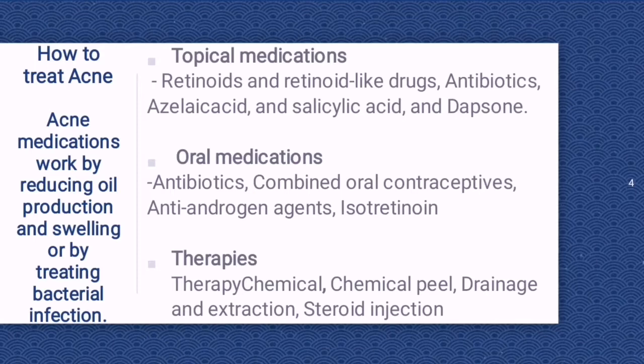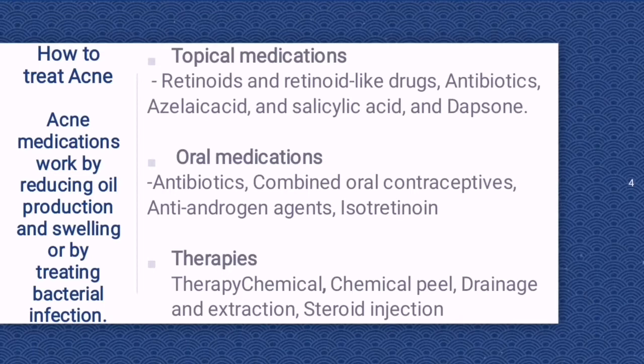Combined oral contraceptives, anti-androgen agents are used for blocking androgen hormones, and isotretinoin is used when the acne is not responding to other treatments. And lastly, we have therapies. Chemical peel uses repeated applications of chemical solutions such as retinoic acid and salicylic acid.